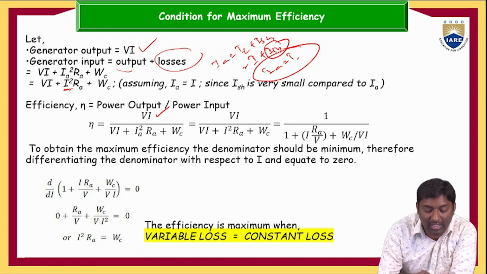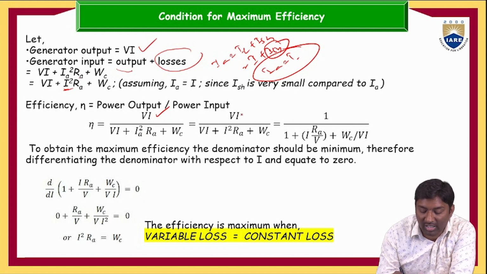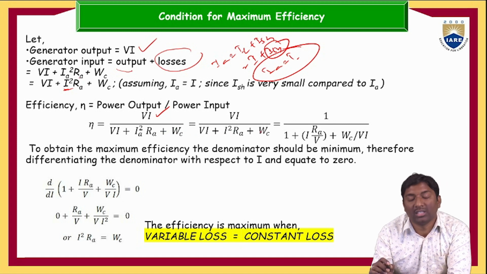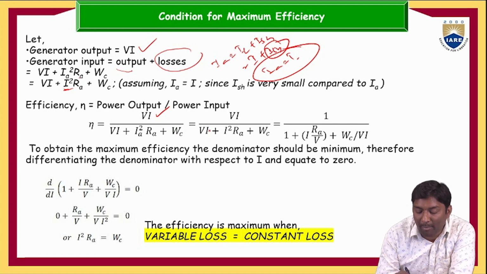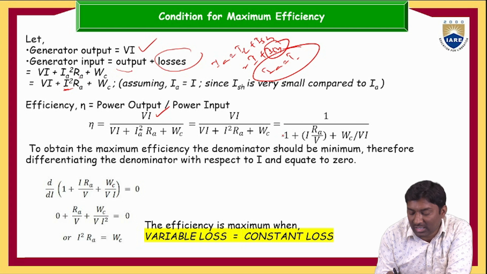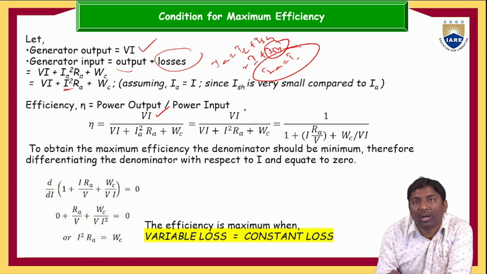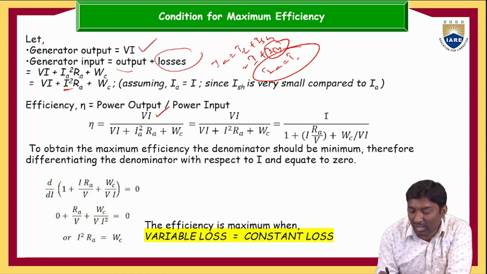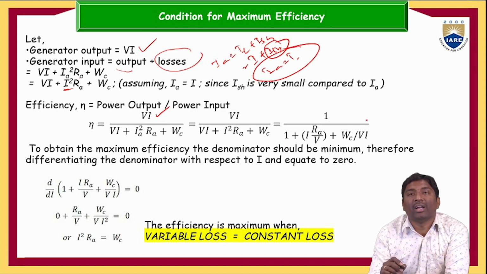VI plus I square Ra plus Wc. So efficiency is VI by VI plus I square Ra plus Wc. Taking I as common, the numerator and denominator I cancel, and I get 1 by 1 plus I Ra by V plus Wc by VI.